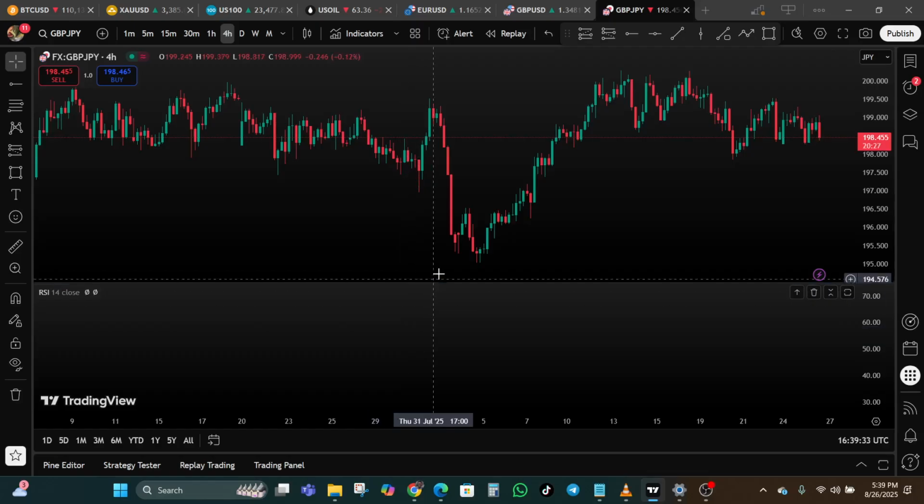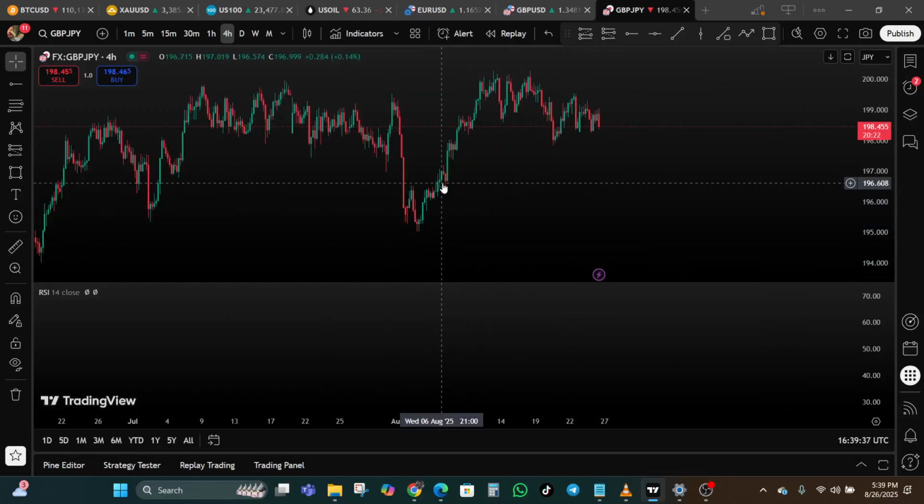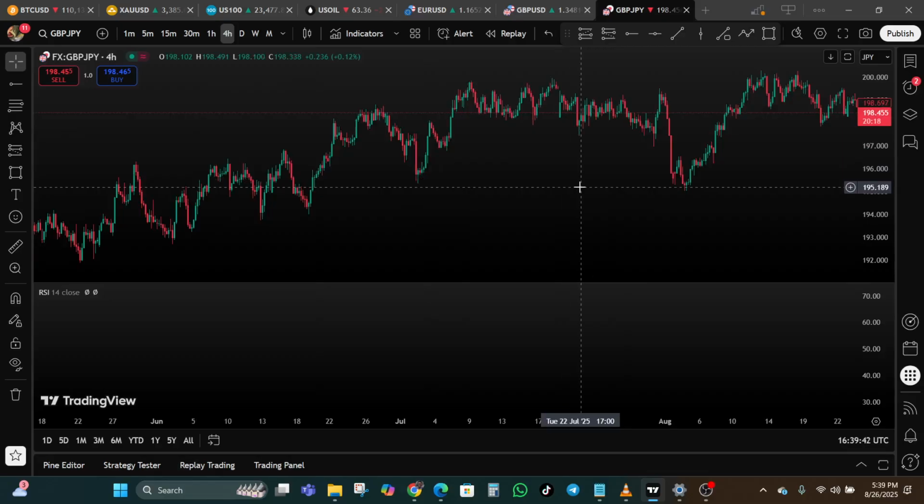For example, price might make a higher high, but the RSI shows a lower high. That is called a bearish divergence, and it signals weakening momentum.